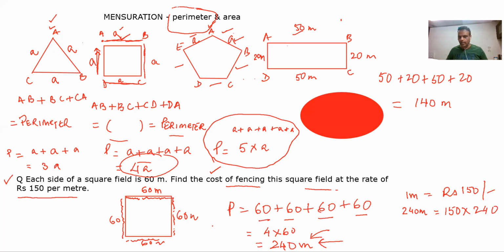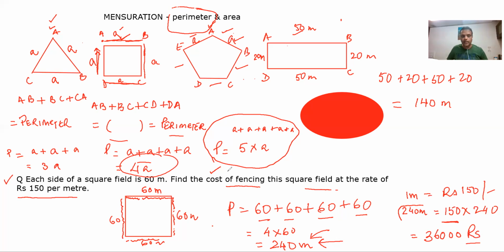The total length is 240 meter, and for every meter I require 150. So how much money is required for 240 meter? It is 150 into 240, simple unitary method, which we have studied in previous classes. This comes to 36,000.